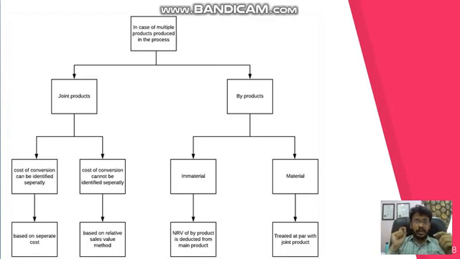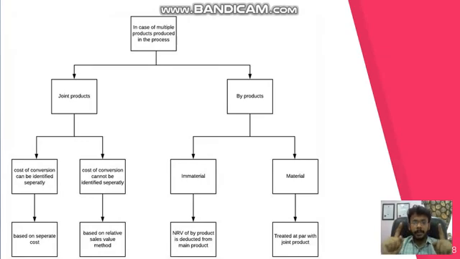However, if the byproduct is material, then the question would come. Material means it has a relative worth. There are certain processes which are involved to increase its value. In that situation, you cannot call it a byproduct, but it is at par with your joint product. So we'll use the same method that you use for joint products. So be careful, friends. Again, it is manufacturing.